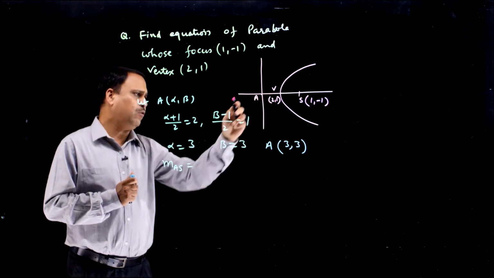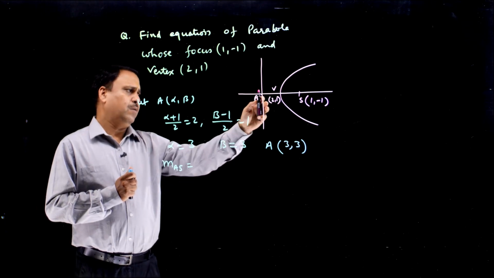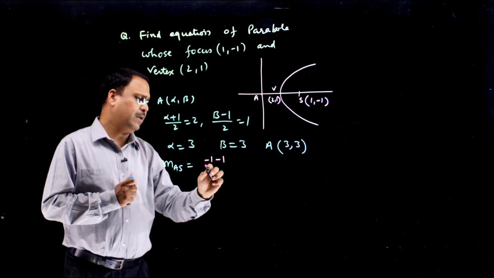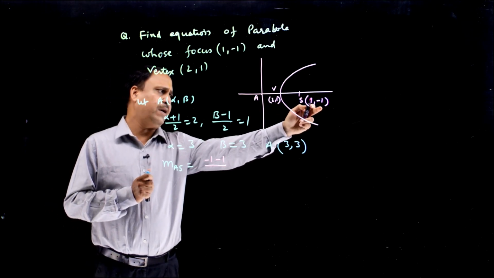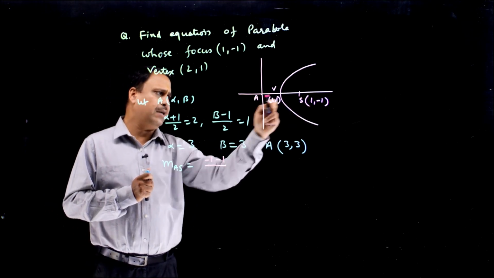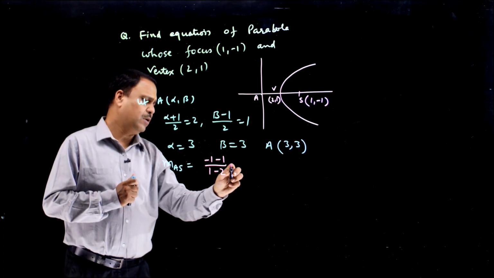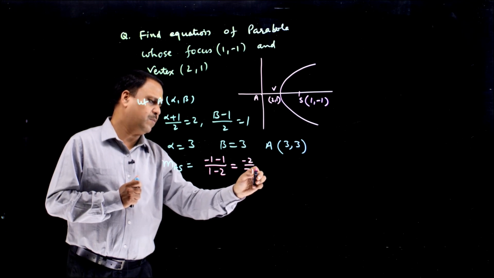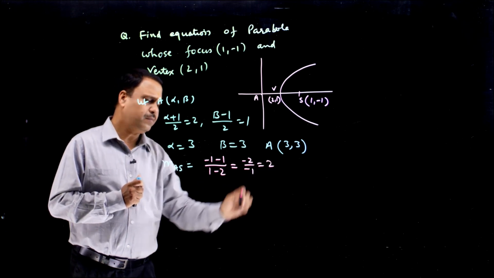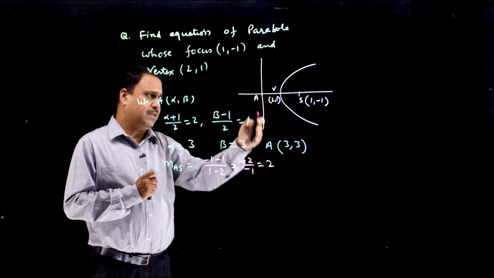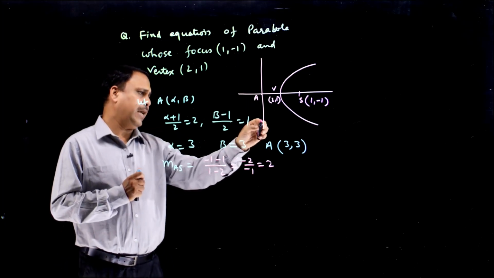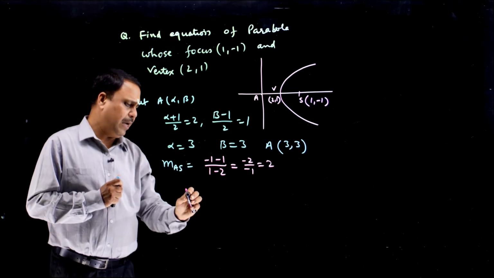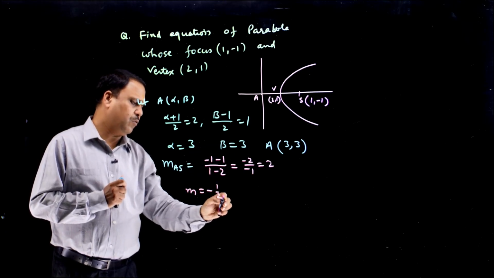Taking (1, -1) as (x1, y1) and (2, 1) as (x2, y2), the slope is (y2 minus y1) upon (x2 minus x1), which is (1 minus (-1)) upon (2 minus 1), equal to 2 upon 1, which is 2. The directrix is perpendicular to this line, so my required slope m will be equal to minus 1 upon 2.